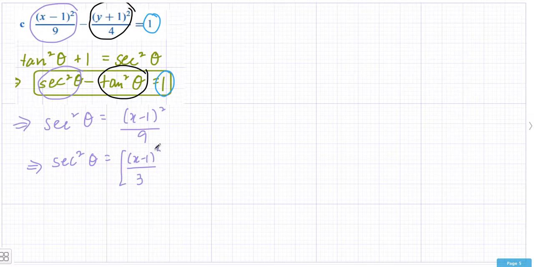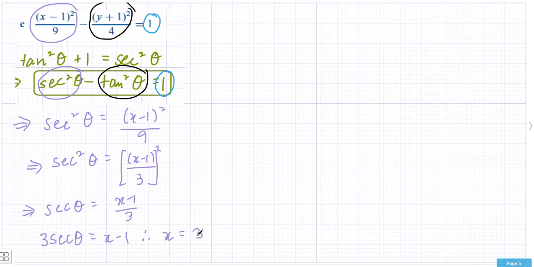I'm going to put all of that in a box. Take the square root of each side. Sec theta equals x take 1 on 3. 3 sec theta equals x take 1. Therefore, x equals 3 sec theta plus 1.